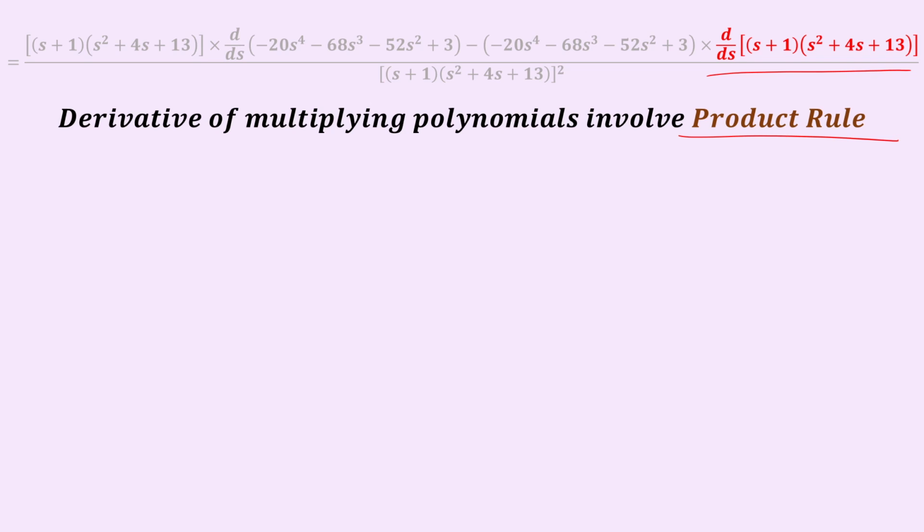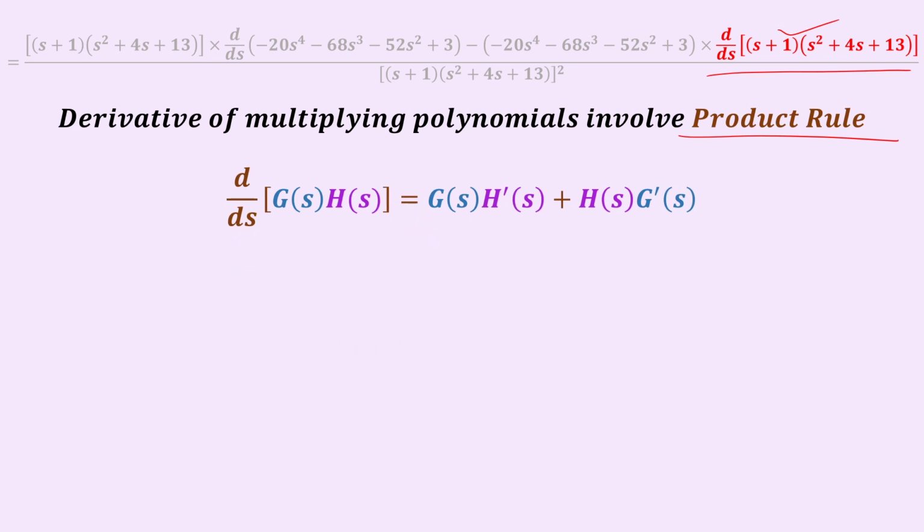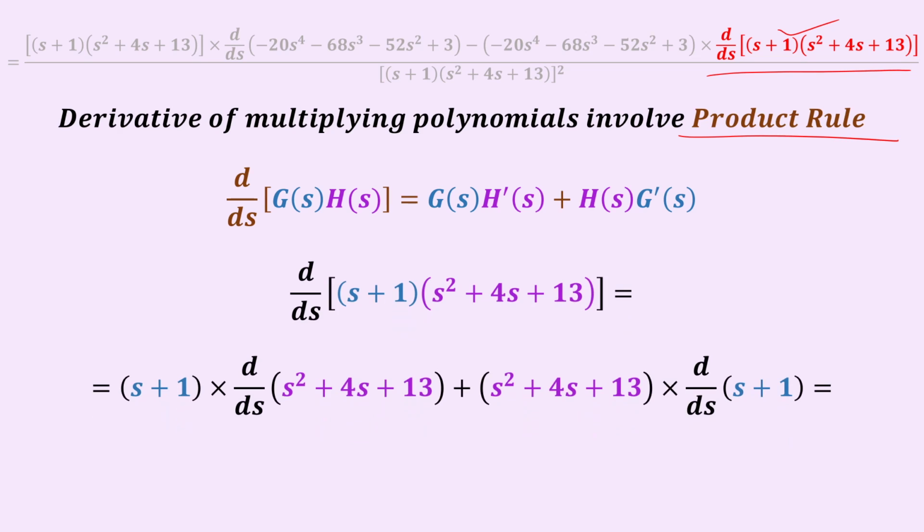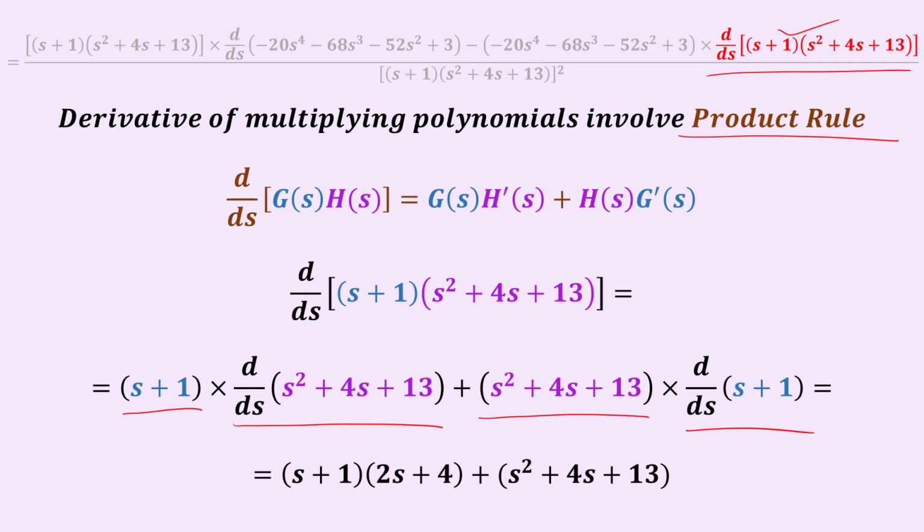We will obtain this derivative using the product rule, which is very simple, and it is stated here. The product rule is basically the first function multiplied by the derivative of the second function plus the derivative of the first function into the second function. And finally we will get this final polynomial, which is the derivative of this multiplying polynomial.